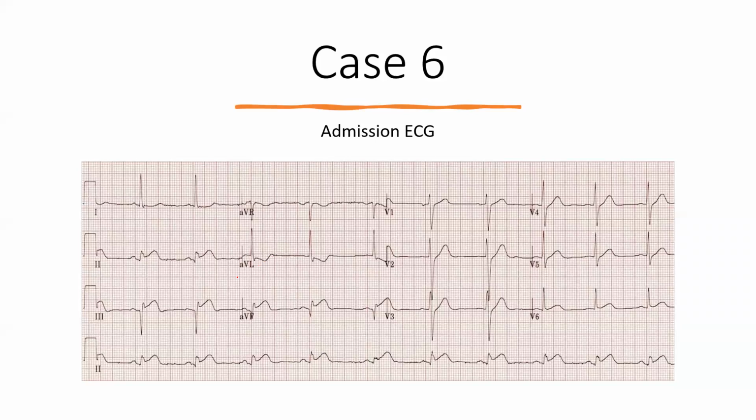Now, there's one form of MI called right ventricular MI, and this is also a case wherein you're going to have the presence of an inferior wall MI, which we have over here. And we know that there's going to be right ventricular involvement if the ST elevation in lead 3 is greater than lead 2.